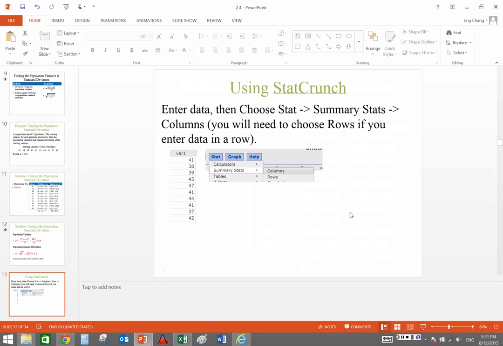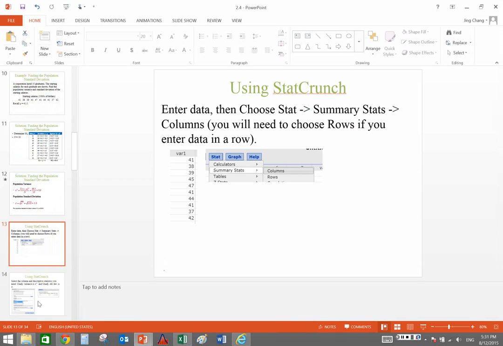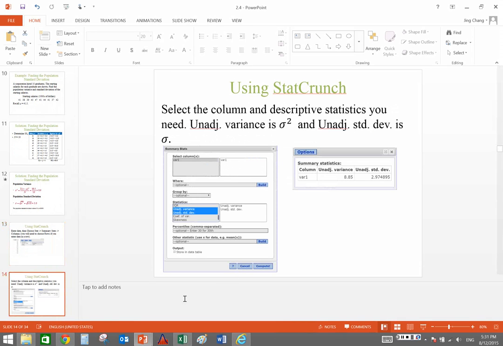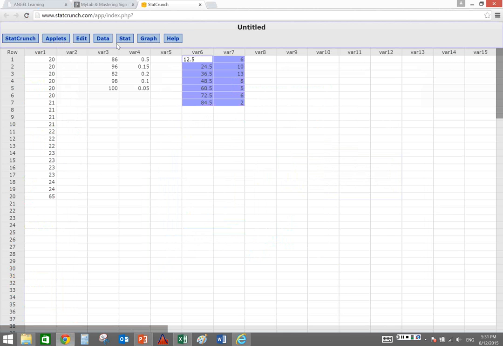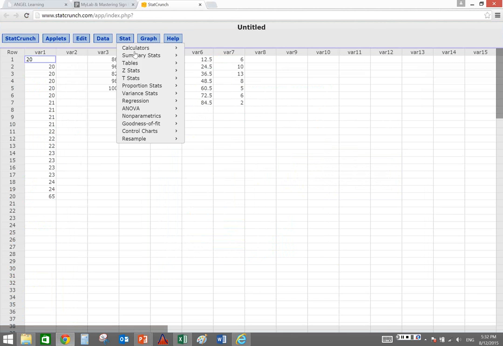As we showed in section 2.3, you can just enter your numbers and then click Stat, Summary Stats, and click Columns. And in this box, just choose unadjusted variance for population variance and unadjusted standard deviation for population standard deviation. If we do this, use the first example.